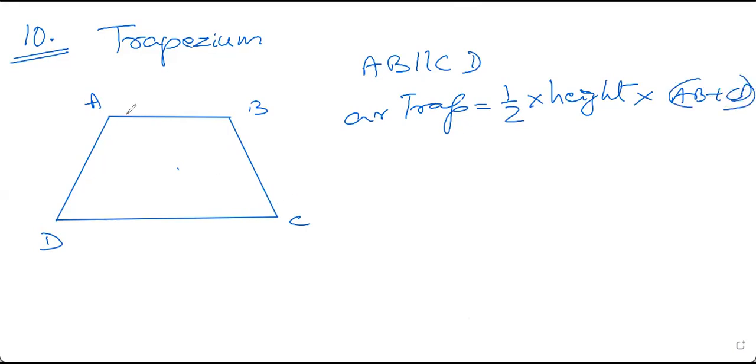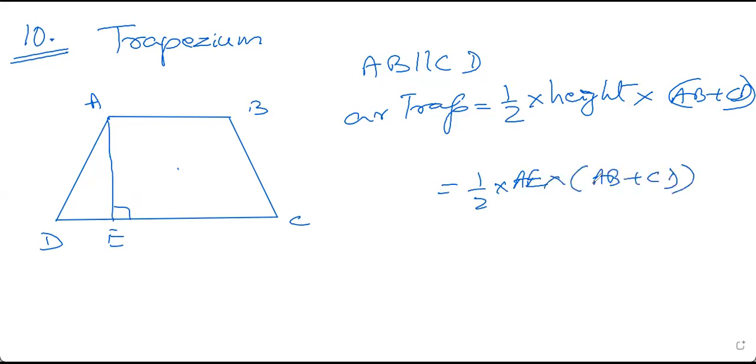The height or the distance between parallel sides will be this. If we draw a perpendicular from one vertex to the opposite side, suppose this is E, then our area will be 1/2 into AE into (AB plus CD). This is what it is.